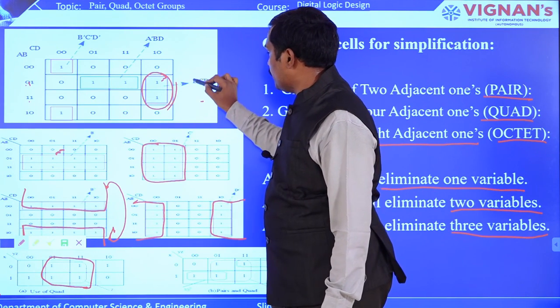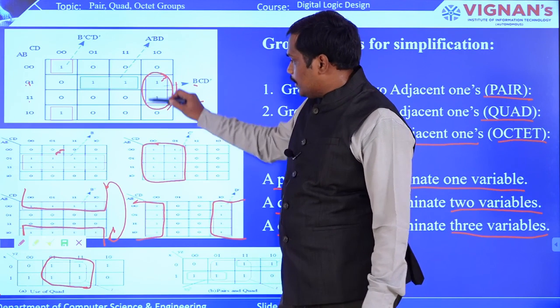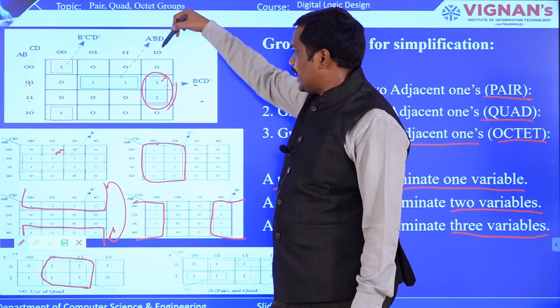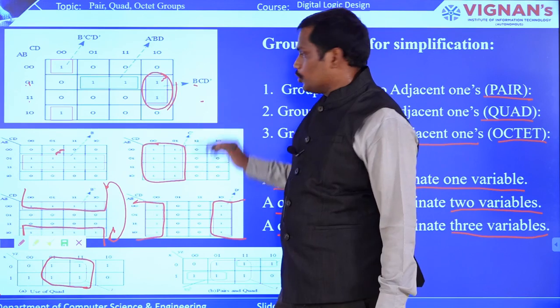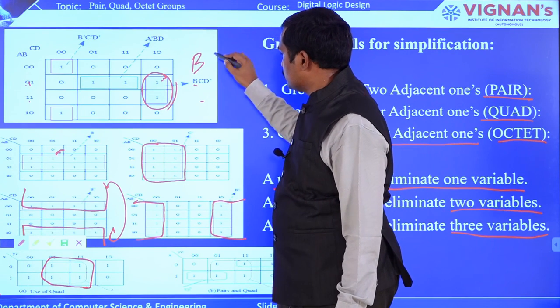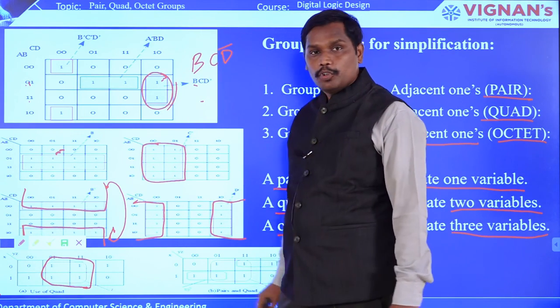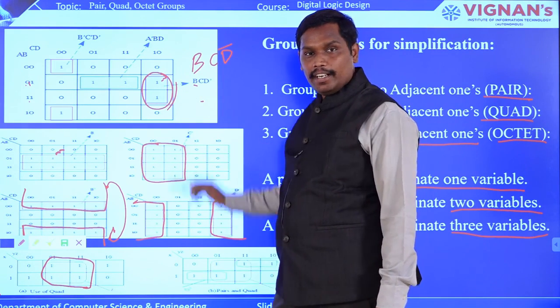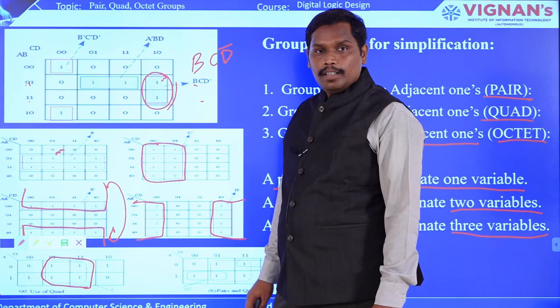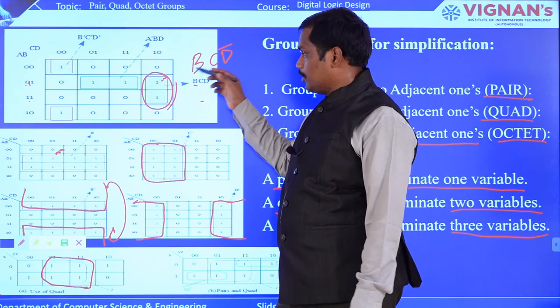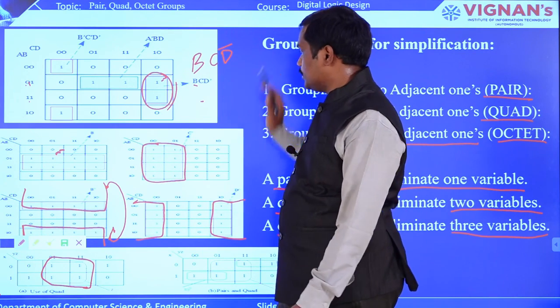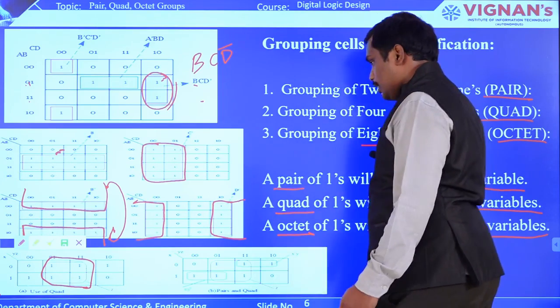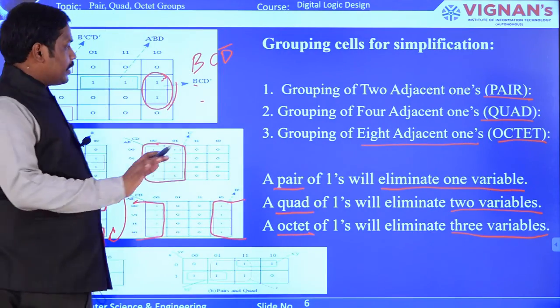So we have written B here, and then these 2 ones have the same C D bar. So this can be represented as B C D bar. Hope you got the point of how to construct a pair and the corresponding expression, that is called the term. The terms you can generate. Right, I hope the point is clear.